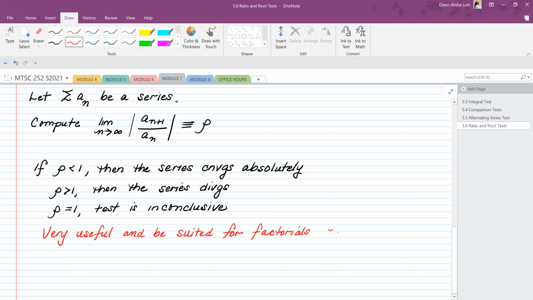So anytime you have n factorial in your problem, the ratio test is one of the best tests to use. Okay, so here's some examples.